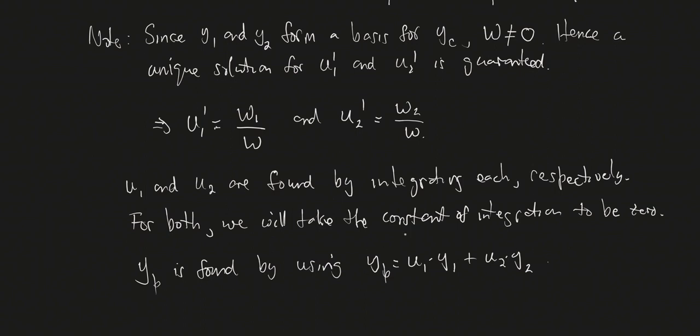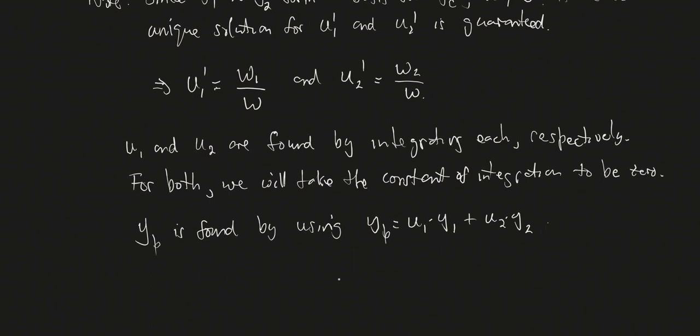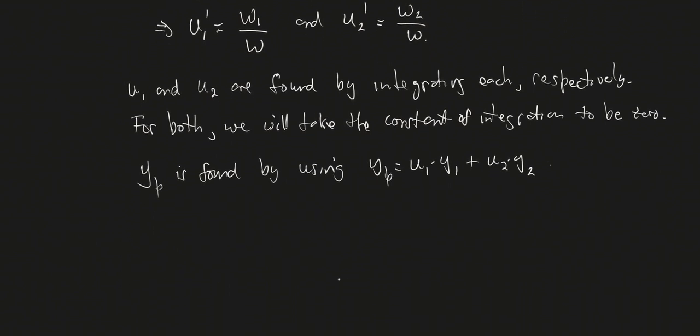And that will be our particular solution. And we're still going to use the second version of our superposition principle, taking our y sub c, our complementary function, and adding it to our y sub p, our particular function. All right. So with that in mind, let's do an example to illustrate this particular process.